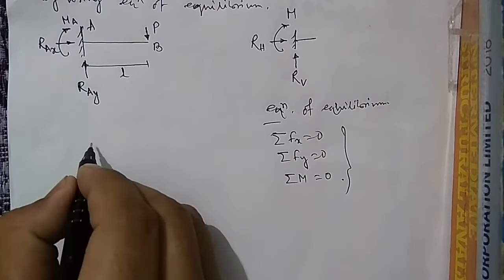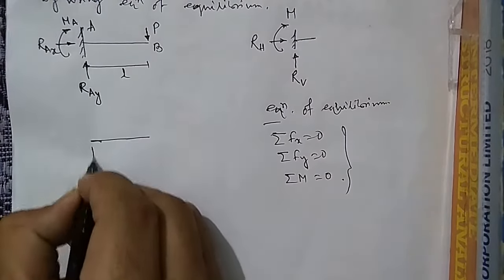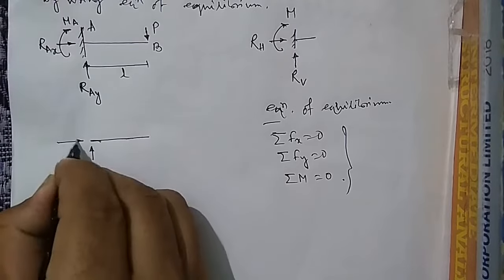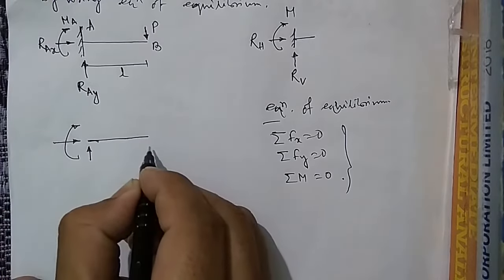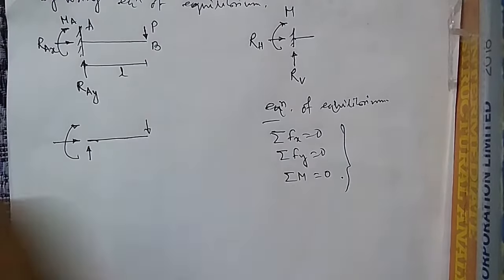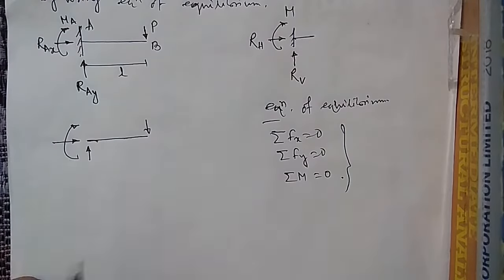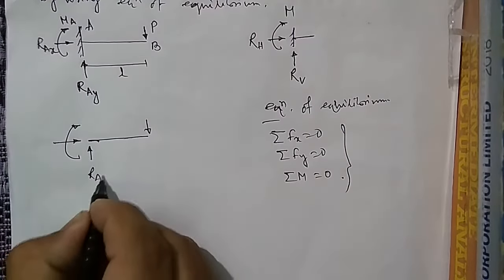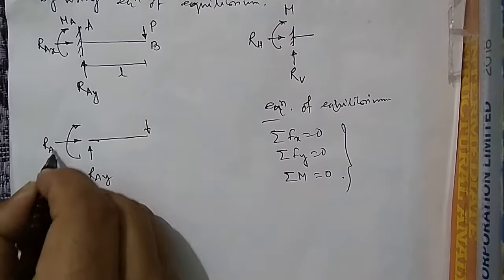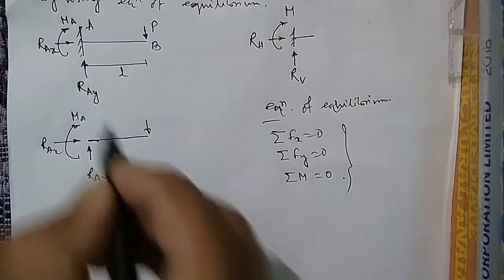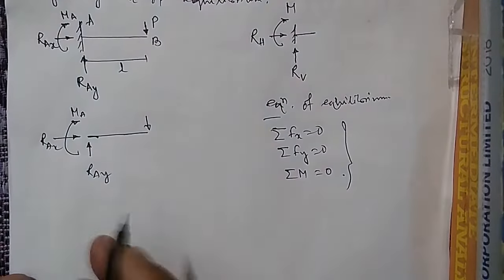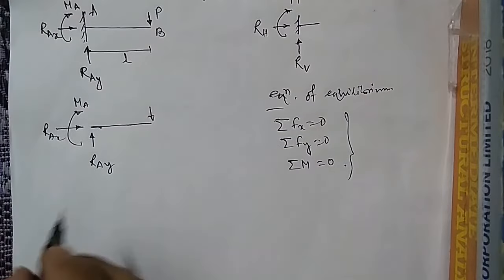So the free body diagram of this cantilever beam is this. This one is RAY, this one is RAX, this one is MA. Apply the equation of equilibrium.